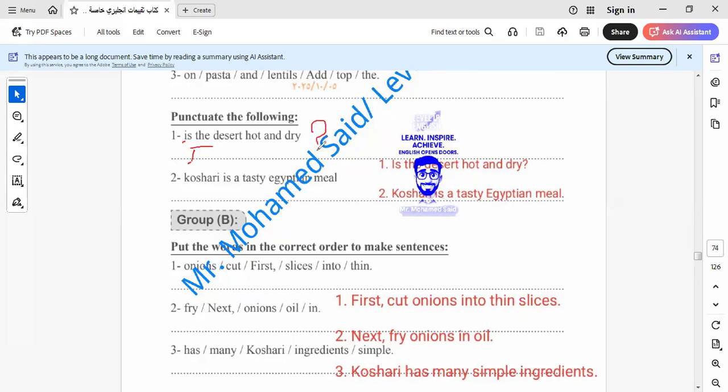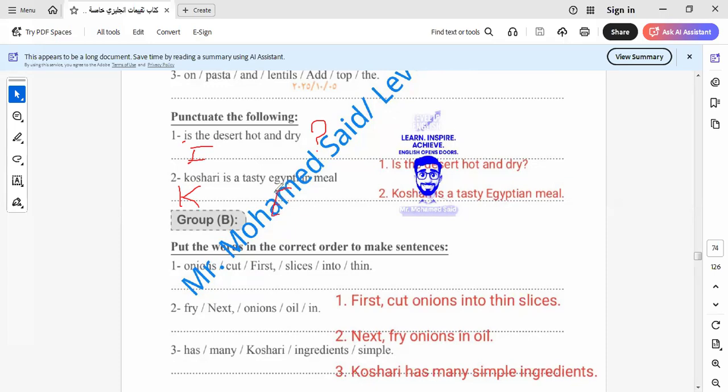Okay, if we have something that must be written in capital letter, we can replace the small letter by capital letter, especially the names of countries and names of persons. Here we say koshary is a tasty Egyptian meal.